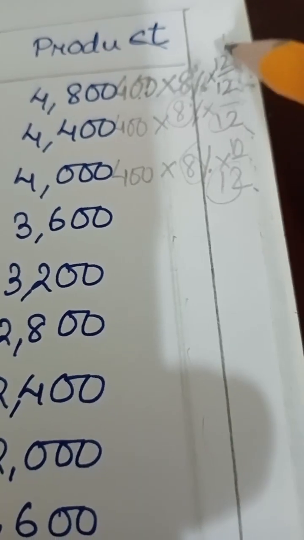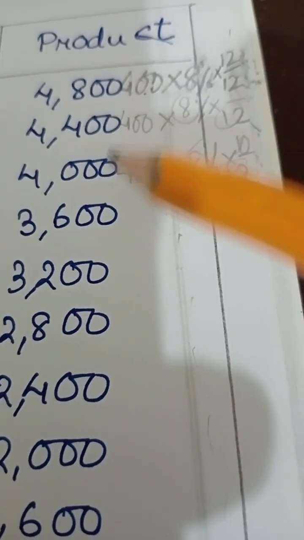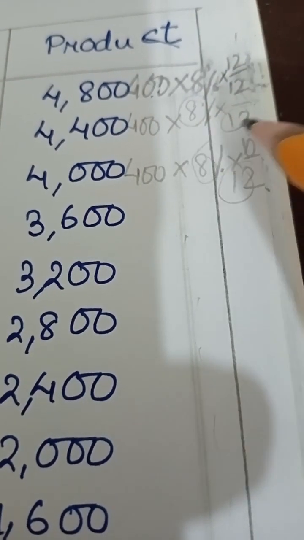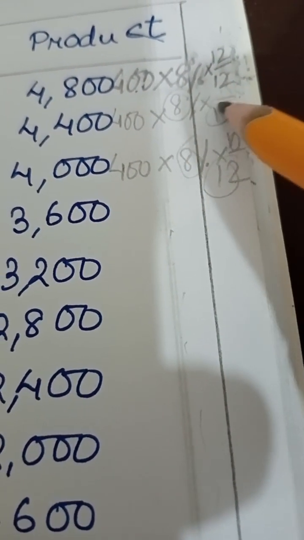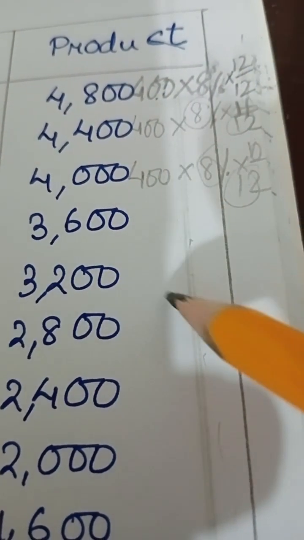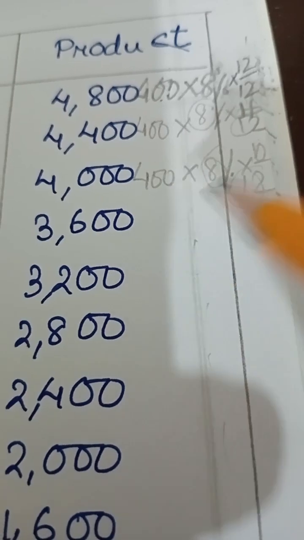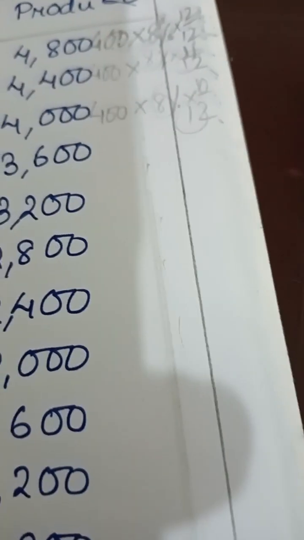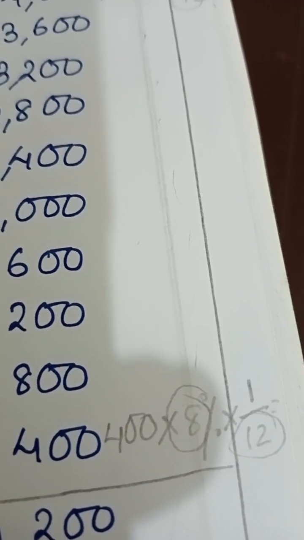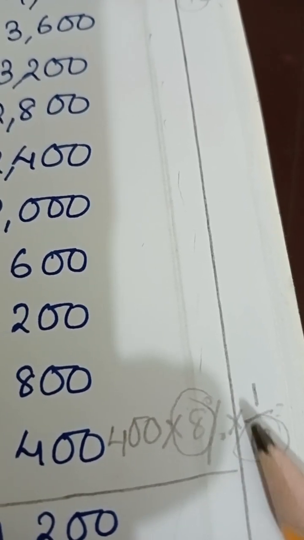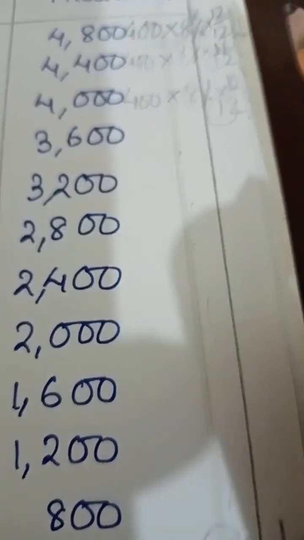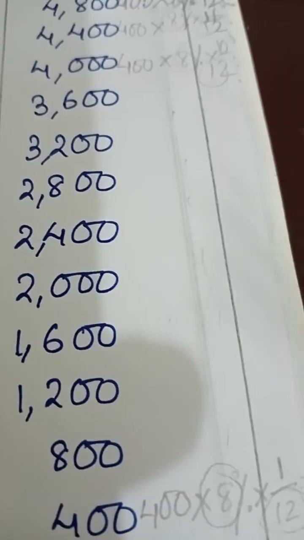The drawings is made for 12 months, and this one it is 400 into 8% into 11 divided by 12. And this is for 10 months. So that way it will carry on. Lastly, it is 400 into 8% into 1 by 12. So here 8% and division by 12 is common in all the cases.